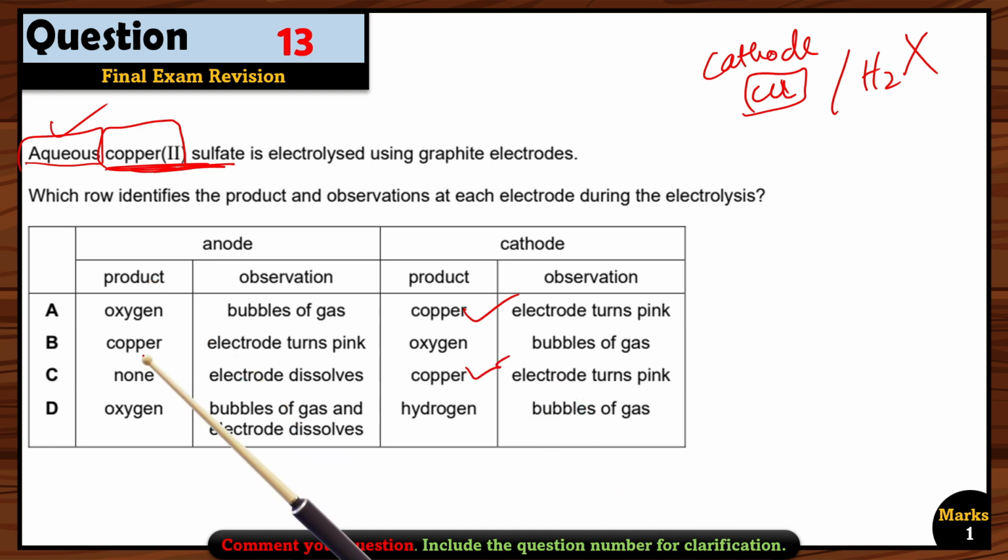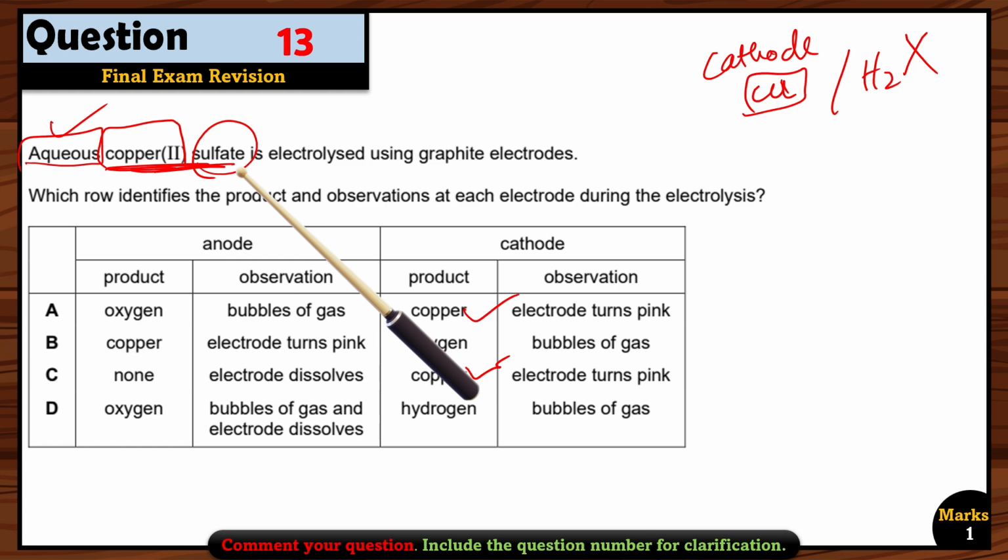Now let's come to the anode. At the anode, we are going to get oxygen. Why? Because sulfate ions, even if it is dilute or concentrated, usually you will not get the sulfate ions easily at the anode. They are not easy to oxidize. They are strong anions, so it's not easy for them to oxidize.